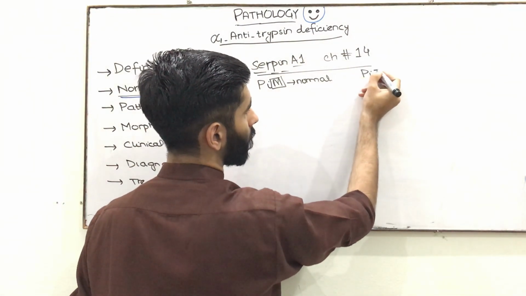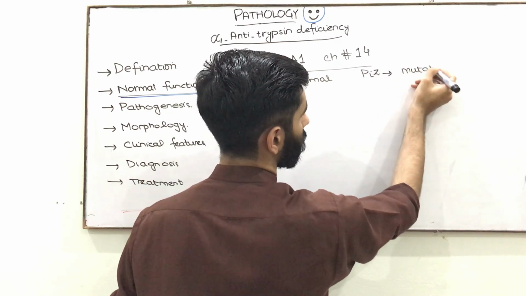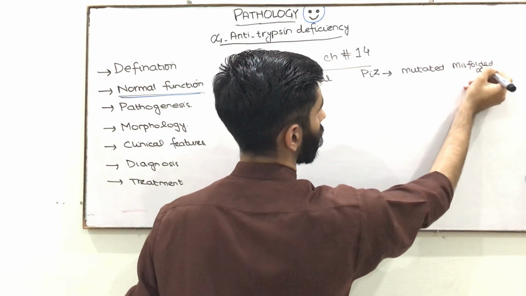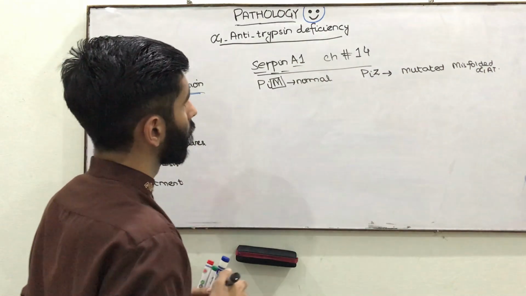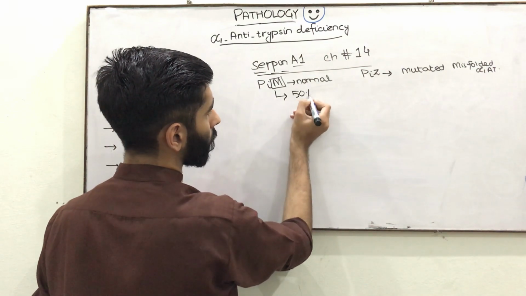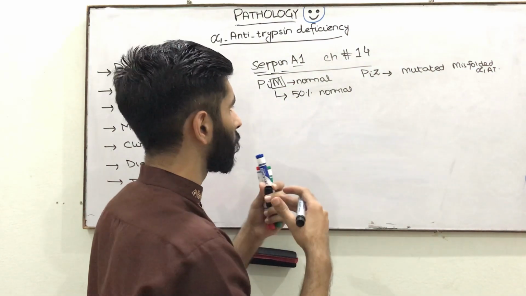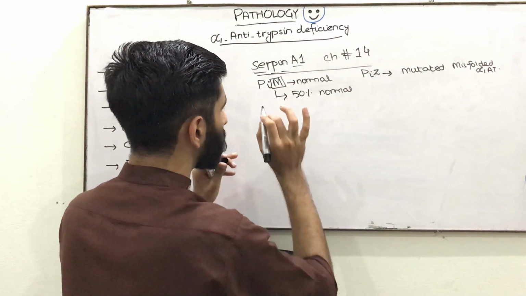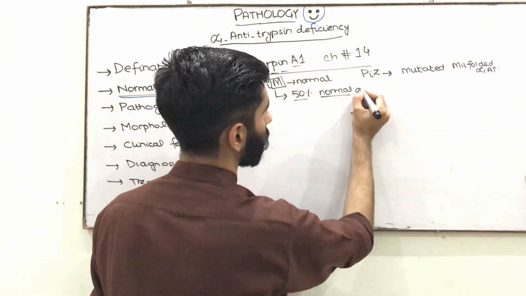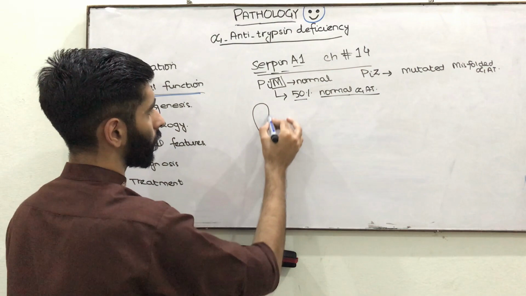Whereas PiZ encodes the mutated or misfolded alpha-1 antitrypsin. And also remember that PiM encodes 50% of normal. Whenever there is a PiM allele, the patient has 50% of normal alpha-1 antitrypsin.